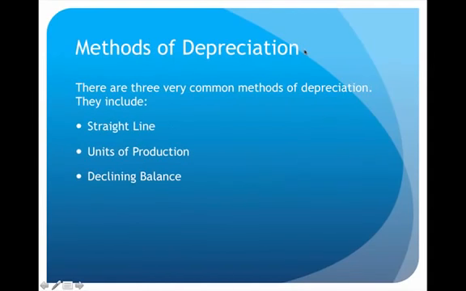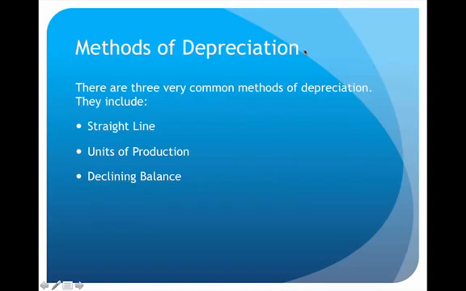Now, if we're going to depreciate our assets, how are we going to do that? Well, we actually have different methods of depreciation. And there are actually many different methods, but there are three in particular that are very commonly used. And all three of these methods are appropriate and have been approved according to GAAP.